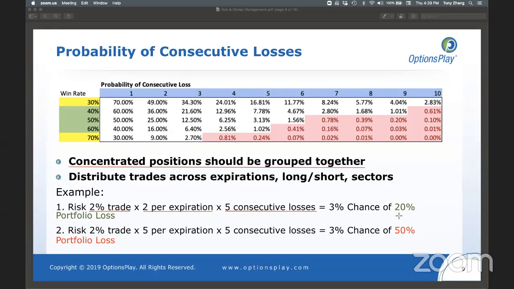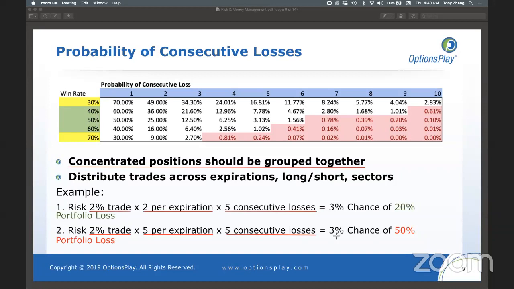Now, that's still within an acceptable range from my perspective. But if you're the type of trader that loads up on a single expiration and you have 5 trades all expiring on the same expiration, granted, you're sticking to the 2% rule, but if they're all long, now instead of having a 3% chance of having a 20% portfolio loss, you now have a 3% chance of a 50% portfolio loss.